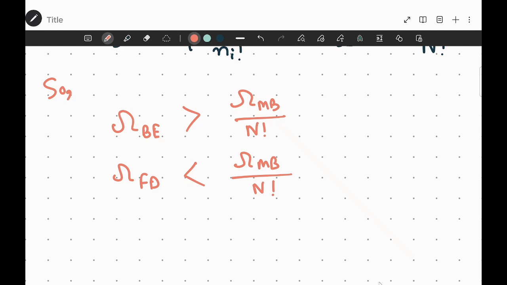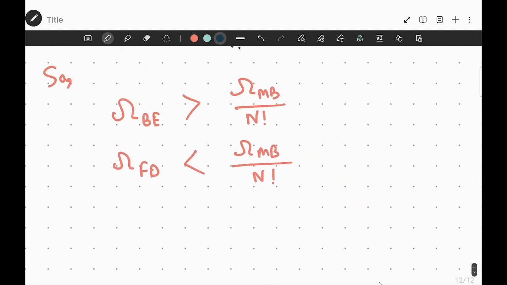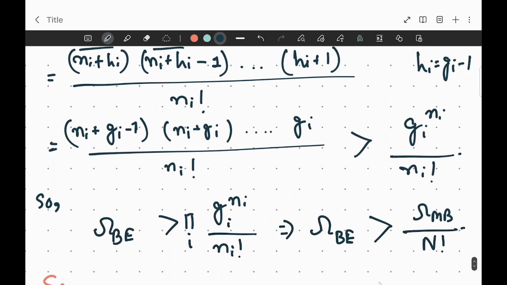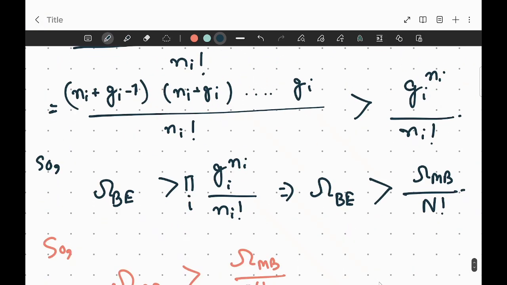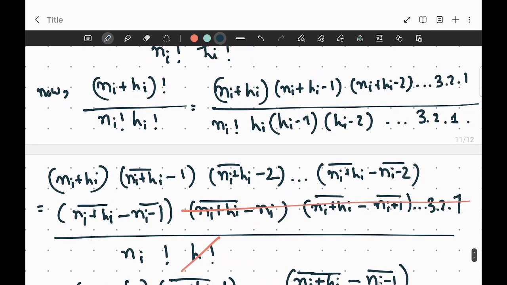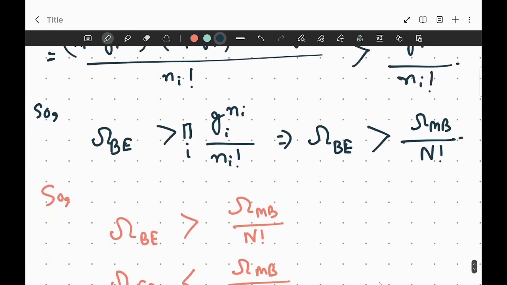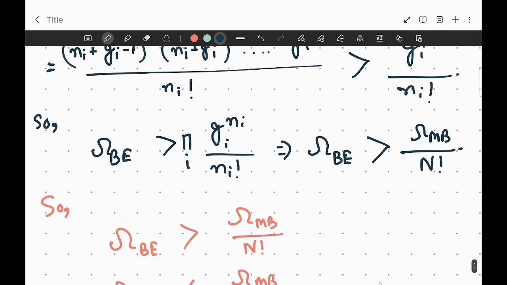Here no approximation is there. Now we will apply the approximation that Gi is very much greater than Ni. If this is the case, what will be the changes? Just look at the equation. If Gi is very much greater than Ni, then Ni will be neglected.